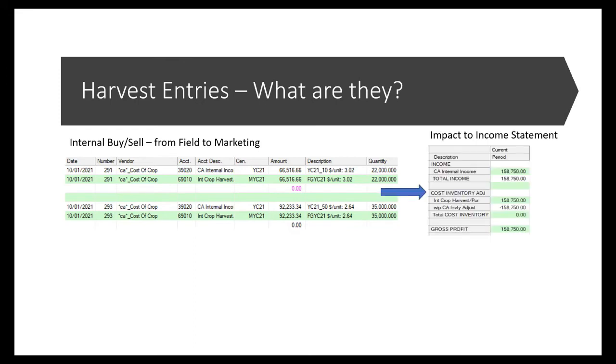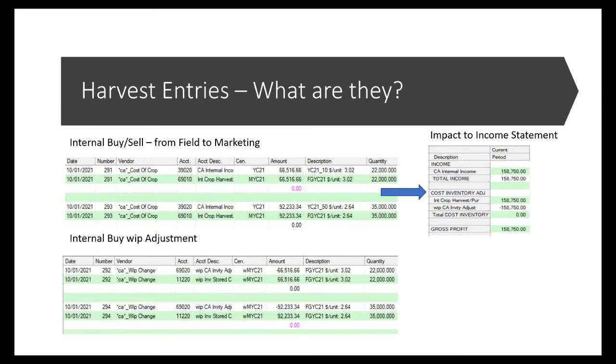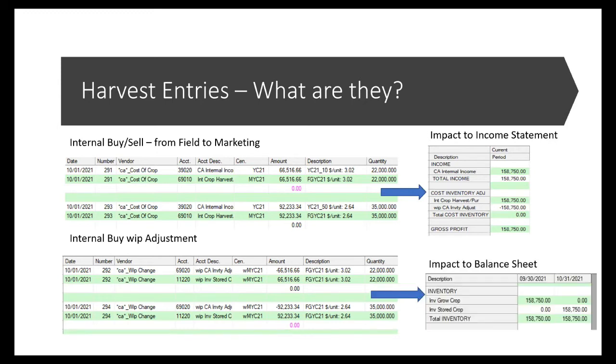Okay, so on the income statement, we can see the top line. We create $158,000 of revenue, and then the top line on the expenses is the purchase of it. The entries made in this internal buy affect an expense account that also affects a balance sheet account, growing crop.